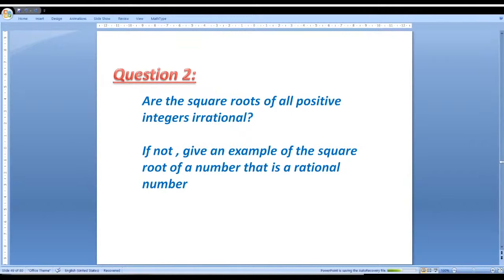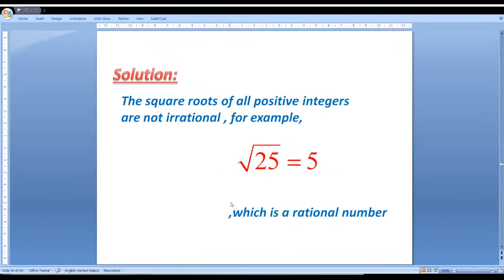So let us see this solution. The square roots of all positive integers are not irrational. Take the example root 25. The square root of 25 is equal to 5, which is not an irrational number because root 25 is a rational number.